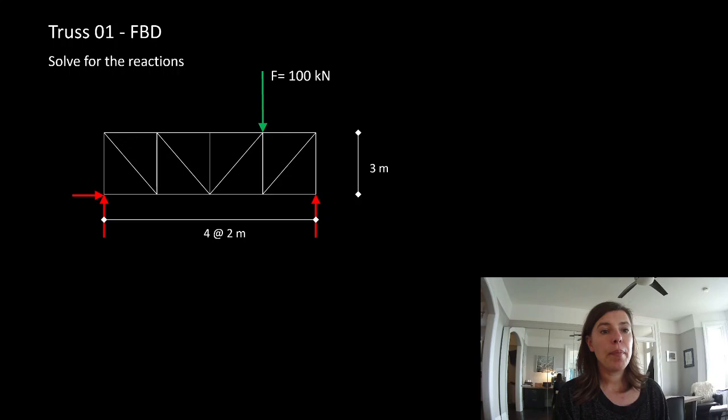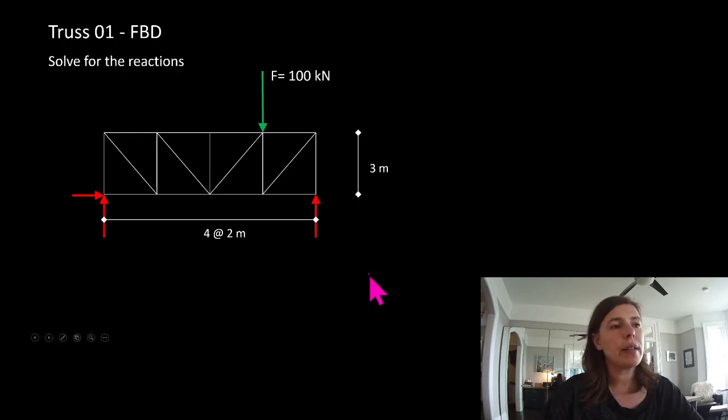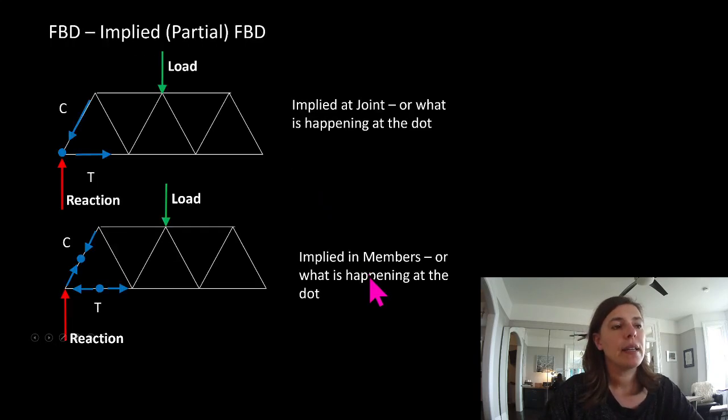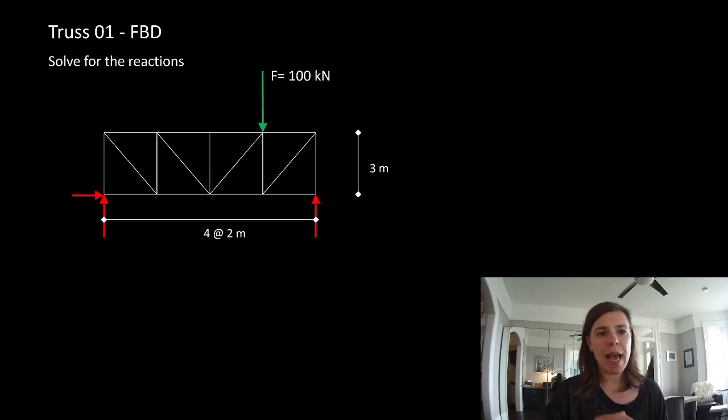I'll talk a little bit in between, but I don't think I'll stop and turn it back to my face, just because most of this lecture is all about recording calculations. I might change my mind when we introduce method of sections, but I think I can do it fairly easily while looking at the paper.